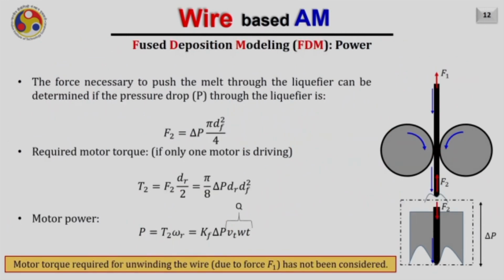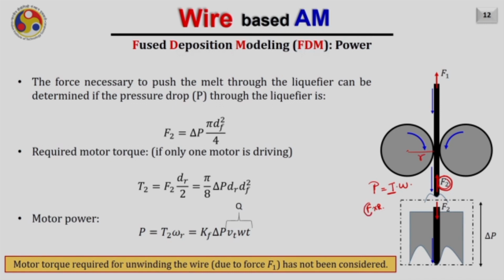Now let us discuss the force required to push the wire into the liquefier. It is important to calculate the value of F2, because if you want to select the appropriate motor for feeding the wire into the liquefier, we need to calculate the power. And we know that power is nothing but torque into omega, and torque will be calculated by force into radius. The force acting, maybe this F2, into this radius r.